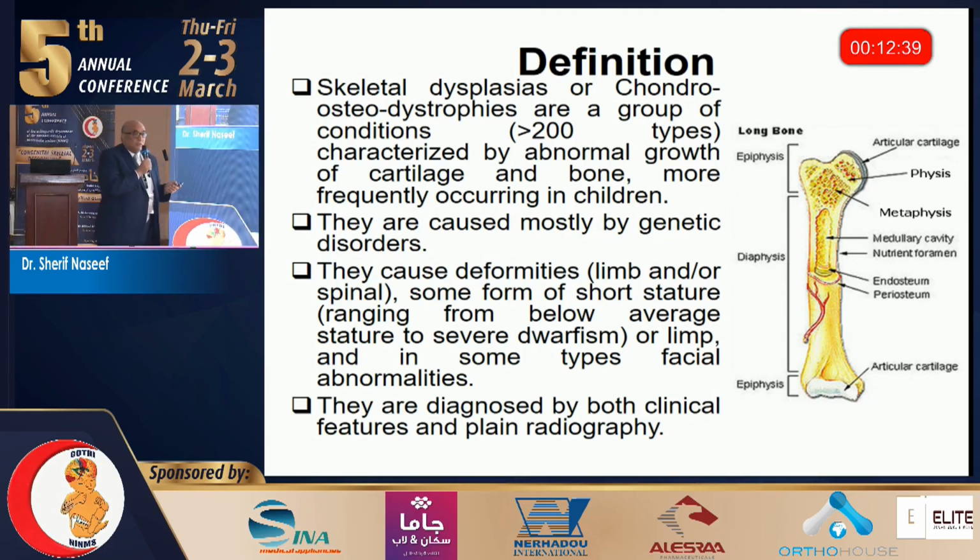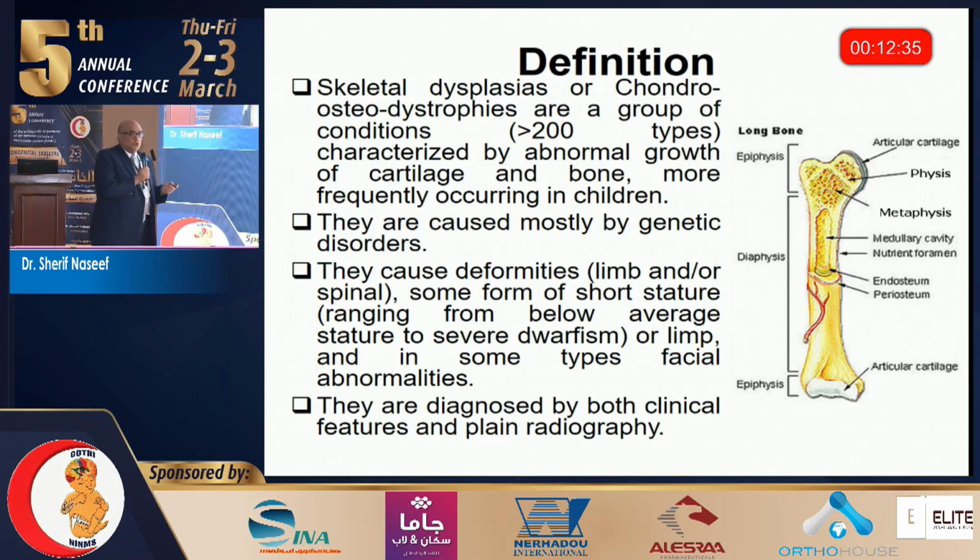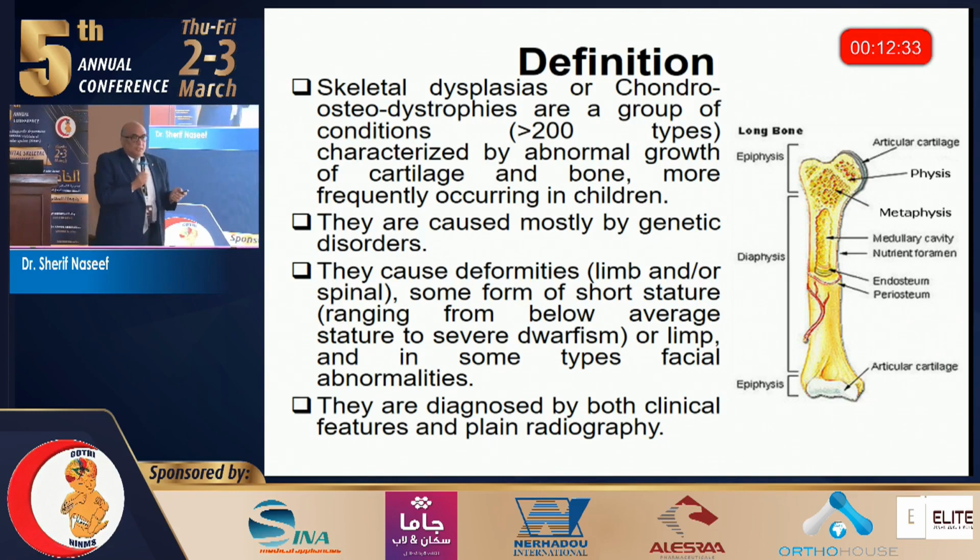The suspicion will be increased if there is short stature, and if there are abnormal facial features, the diagnosis will be 100% established. So the 3 cardinal signs of dysplasia are multiple deformities, facial features, and short stature.